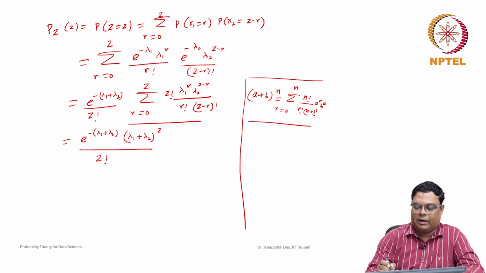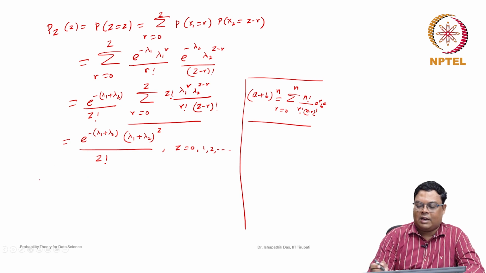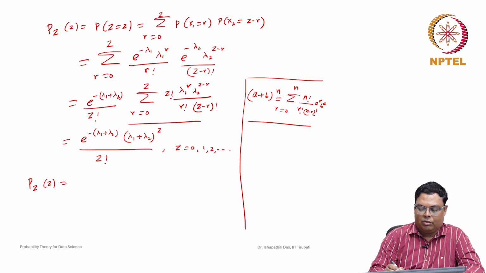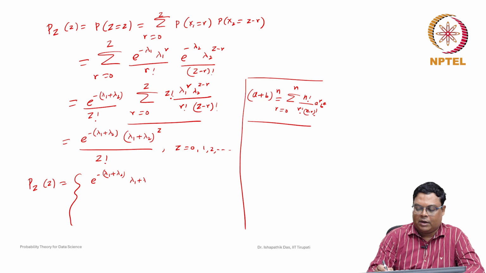So this is for any values of z equal to 0, 1, 2 and so on, and for any other values it is actually 0. So we can write Pz of z finally as e to the power of minus (lambda 1 plus lambda 2), (lambda 1 plus lambda 2) whole to the power of z by z factorial, whenever z is 0, 1, 2 and so on, and 0 otherwise.